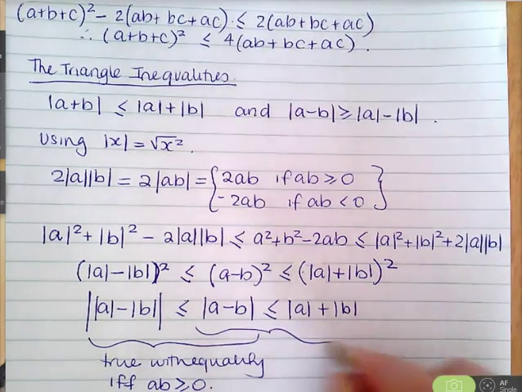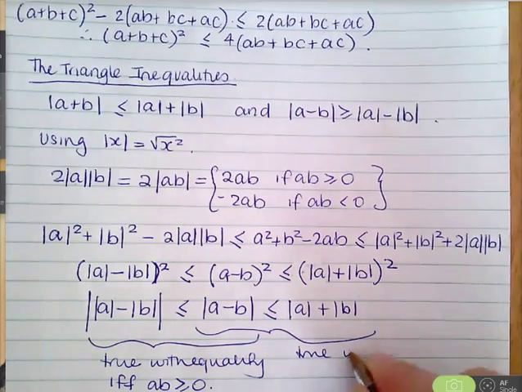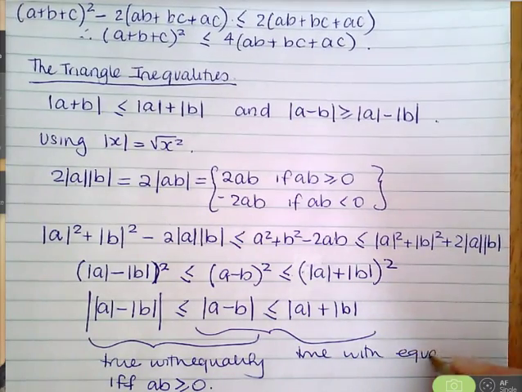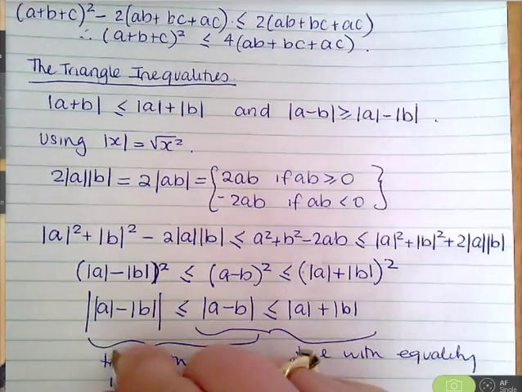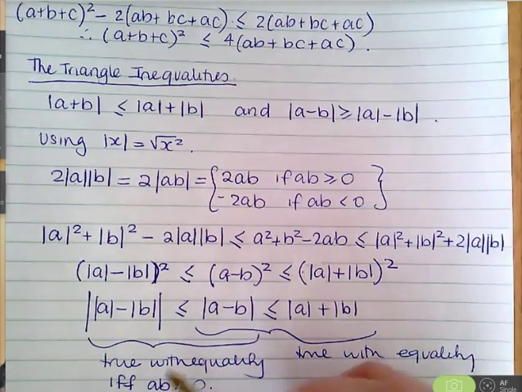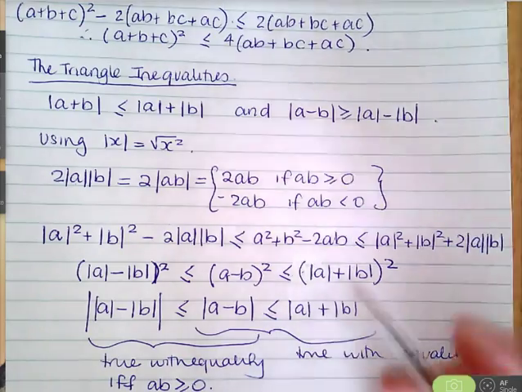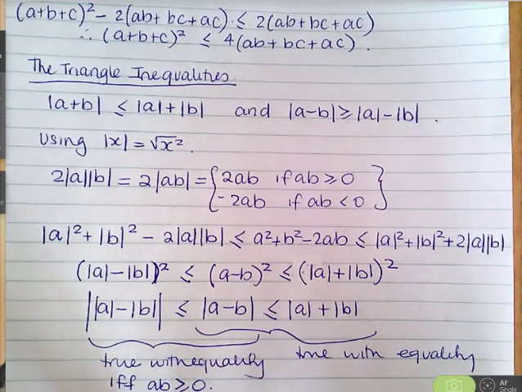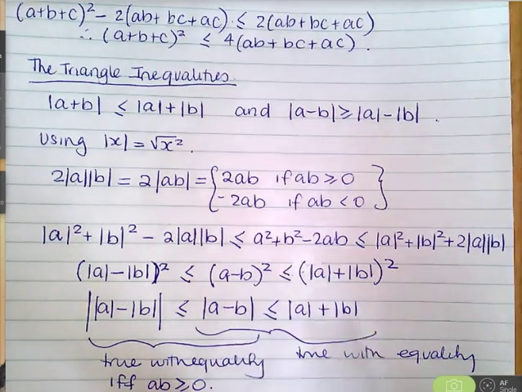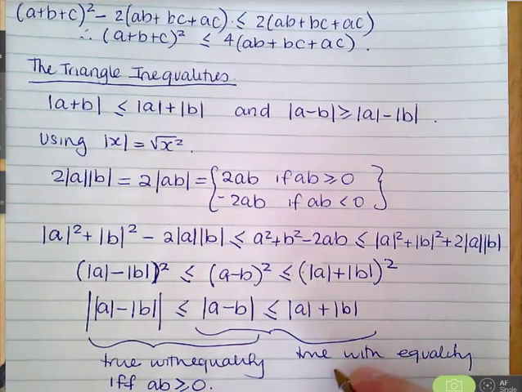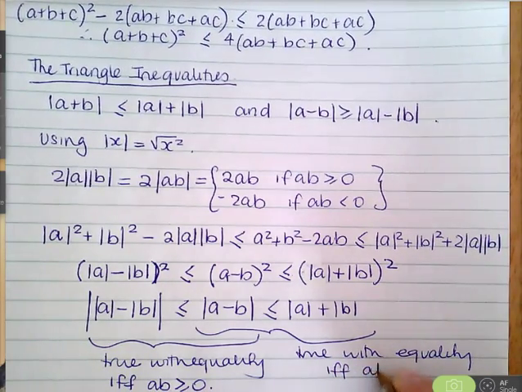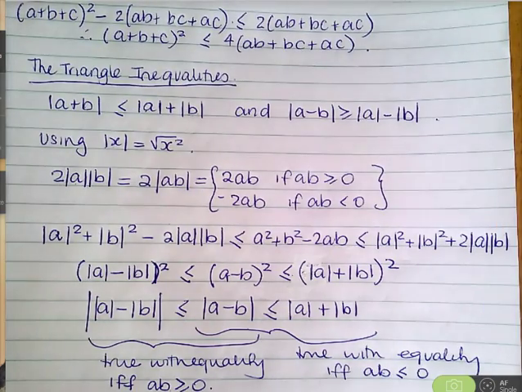And the right-hand inequality is true with equality if and only if ab is less than or equal to 0.